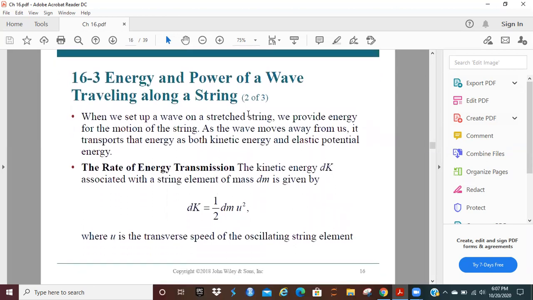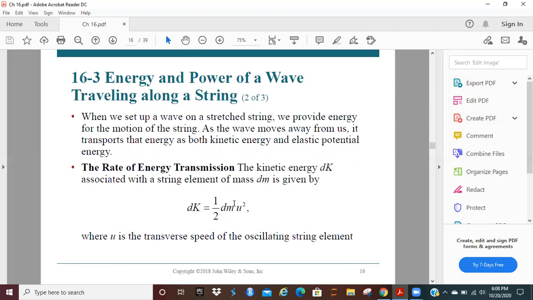So when we set up a wave on a stretched string, we're going to provide energy for the motion of that string. And as the wave moves away from us, it transports that energy as both kinetic energy and elastic potential energy. The rate of the energy transmission is defined by the kinetic energy associated with a string element of mass m.